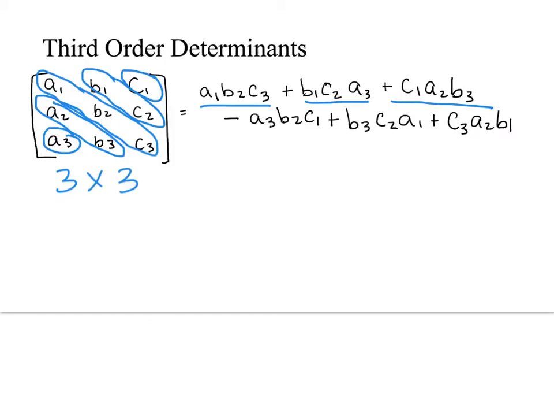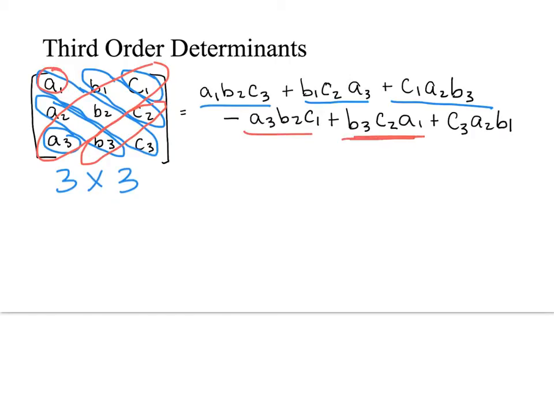We then are going to do the opposite diagonals. So I'm going to change my pen color. Next, we're going to find the products of A3 times B2 times C1, which is right here. And because our diagonals are going the opposite direction, we're now going to subtract them. So A3, B2, C1. And then our next diagonal is here, B3, C2, and that is going to include A1.